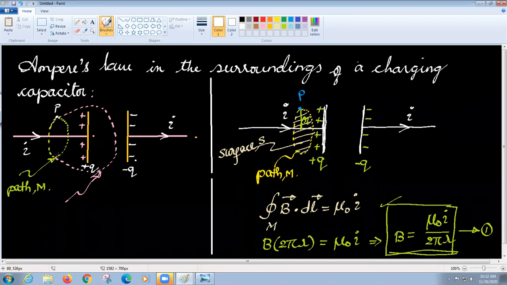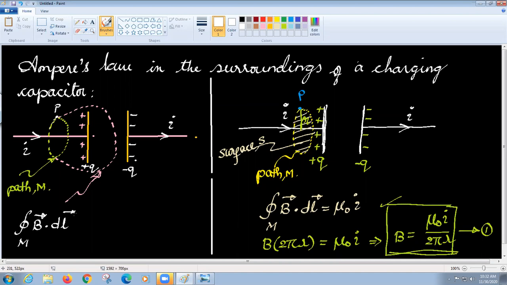This is not a closed surface, okay? So I'm just taking integration along the path M. The magnetic field along the path M, at every point along that path, must be a tangent, okay?